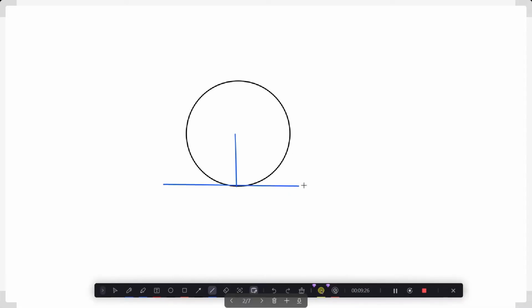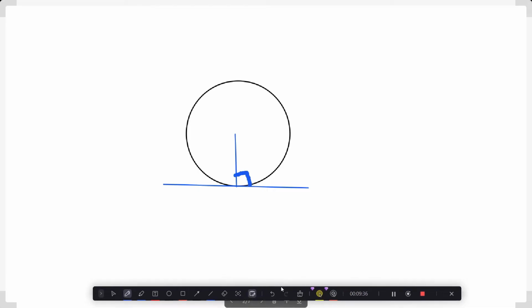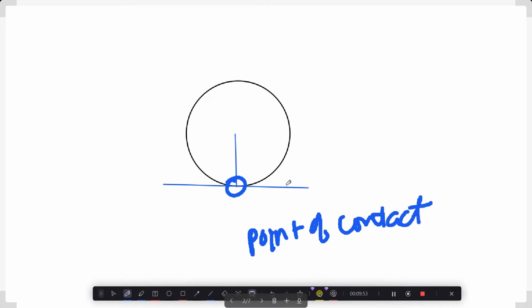So the point at which the tangent touches the circle is known as the point of contact, and this is the point of contact. The common point of the tangent and the circle is known as the point of contact, and the tangent is said to touch the circle at the common point.